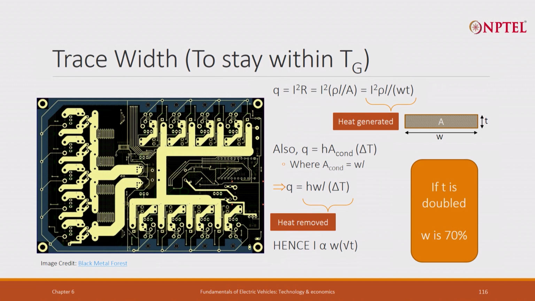But when I reduce the width to 5 mm, I am also reducing the area of contact by which heat is removed. So, actually temperature will rise. So, I cannot reduce it to 5 mm, I can only reduce it to 7 mm. If I triple the thickness, then the width can be reduced to 6 mm, not 3 mm.